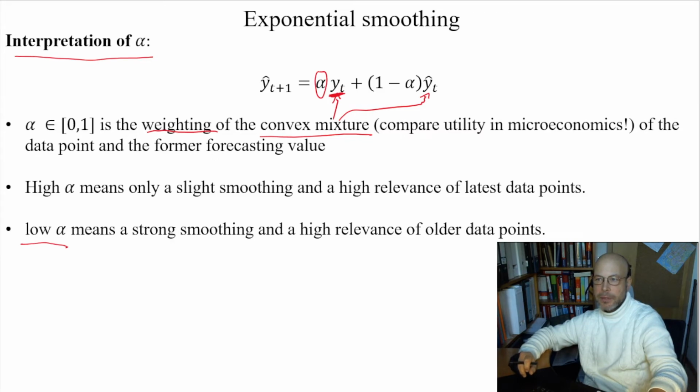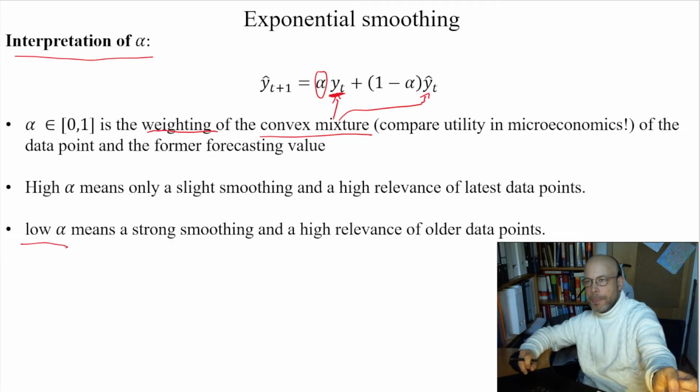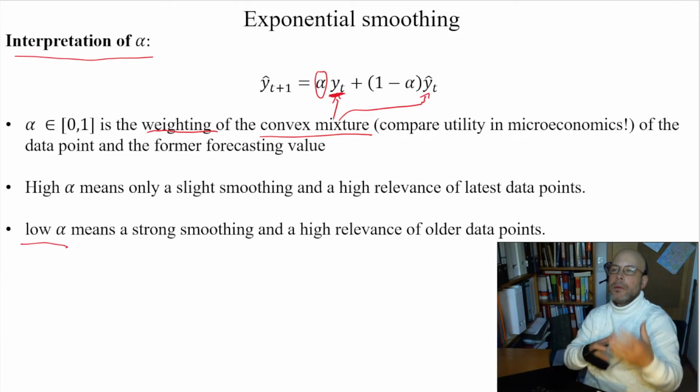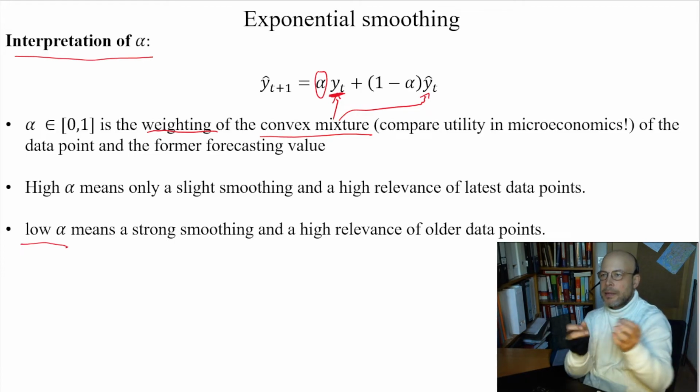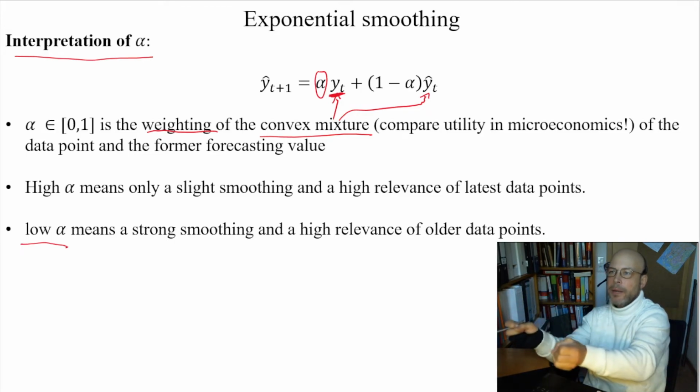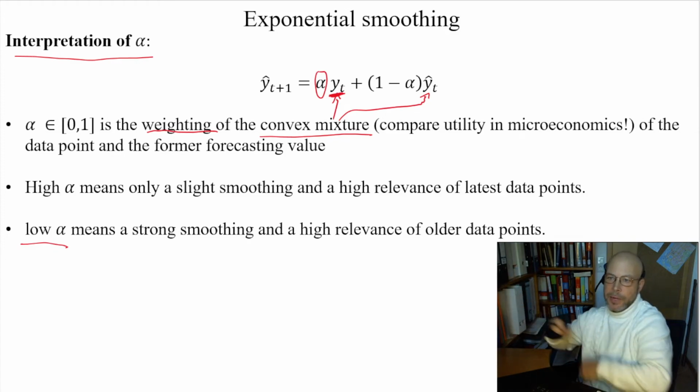So a low alpha can be interpreted like taking a smoothing average with a high number n, which means we average over very many historical data points.